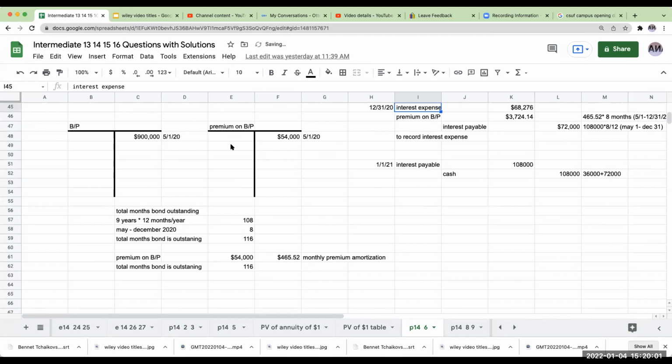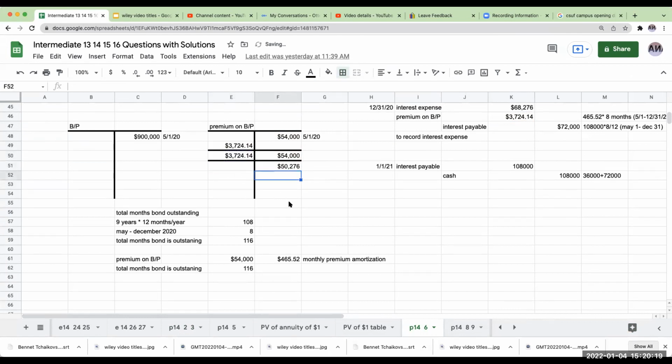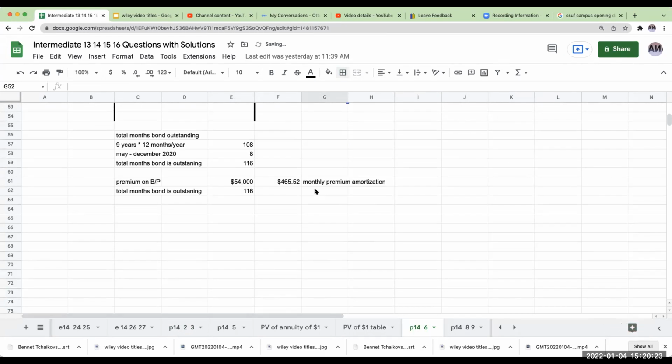After I have this premium on bonds payable of 3,724.14, my ending balance is 50,276. This is the balance on 12/31/20.